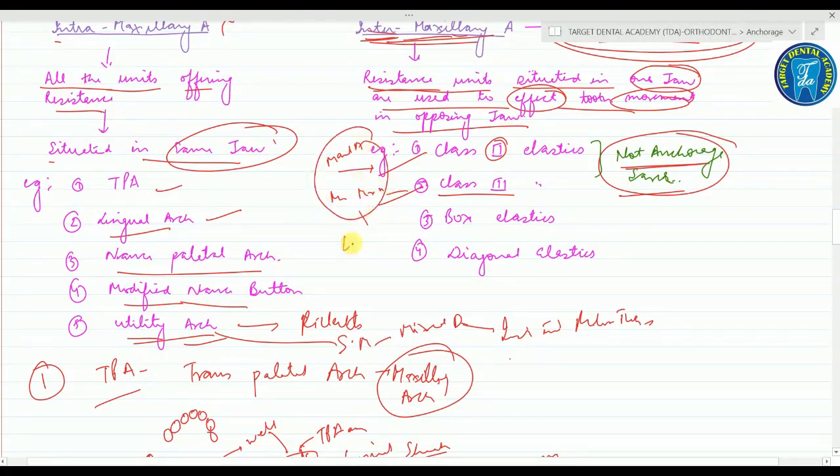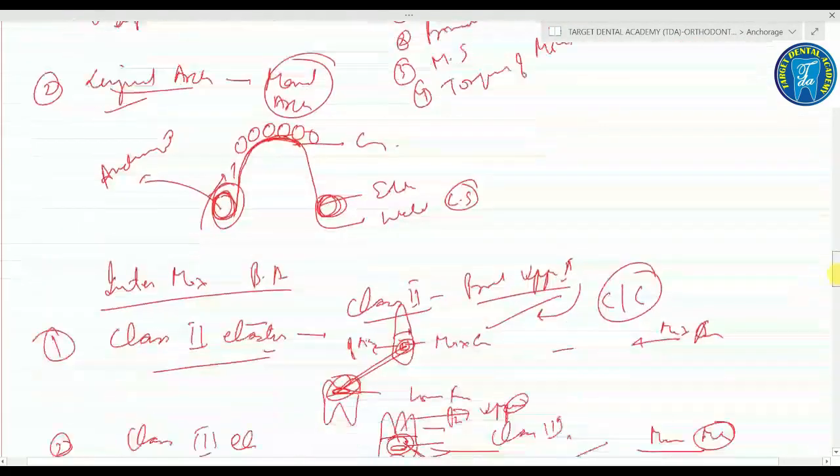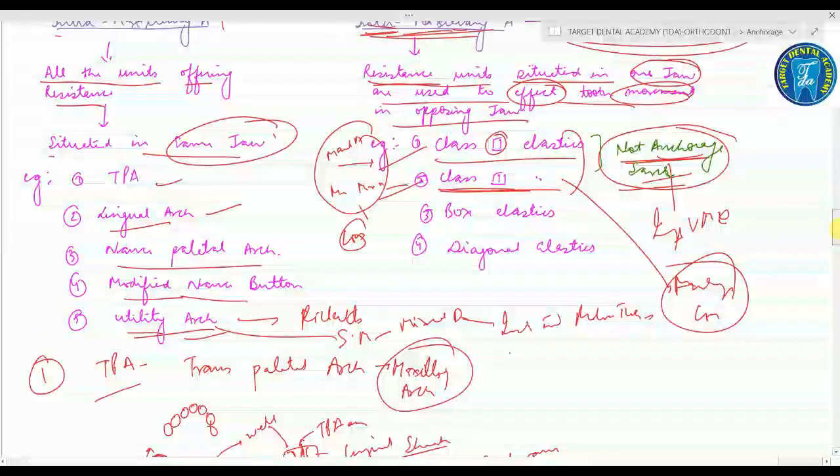So in this, the anchorage is lost, therefore it is also called non-anchorage saver. Important for your MCQ. Class 2 elastic and class 3 elastic are not anchorage savers, because in these two there will be loss of anchorage. Fine. So third are the box elastics.